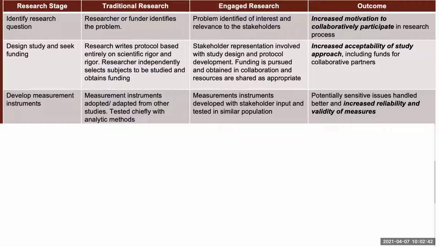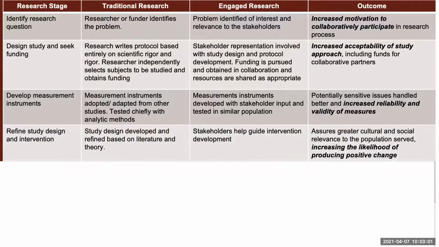So I think it could still be in that umbrella, Daniela, but great question about also differentiating CBPR from other community engaged approaches that might be less intensive, or a little bit to the left side in that continuum of engagement. Let me see, another one here.